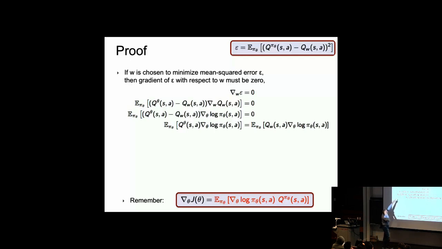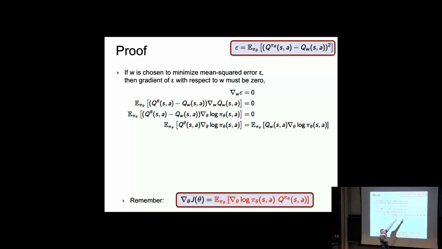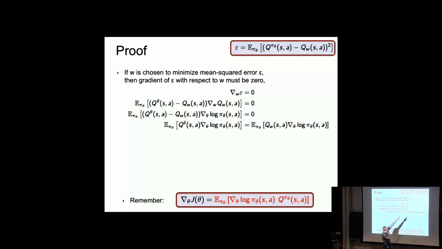And so we can rewrite the gradient of that error by actually taking the gradient of that quantity up on the right. You see the gradient of that with respect to W will be 2 times that quantity times minus the gradient of QW with respect to W. It's just freshman calculus.